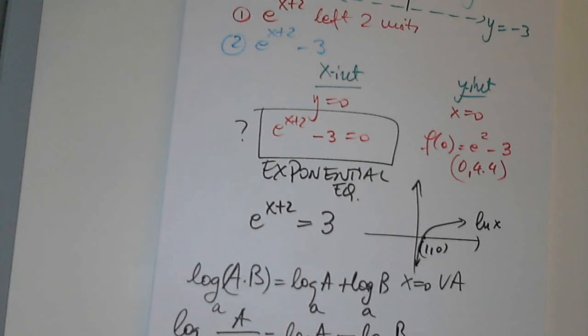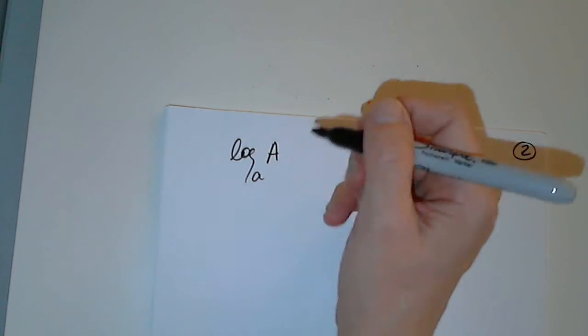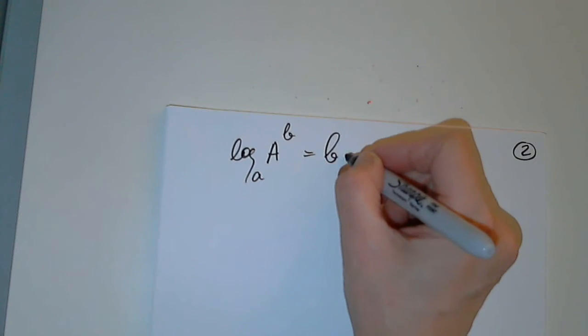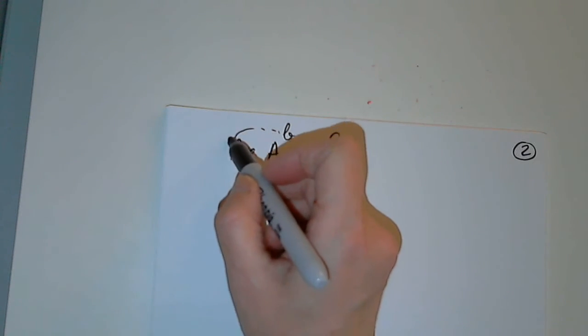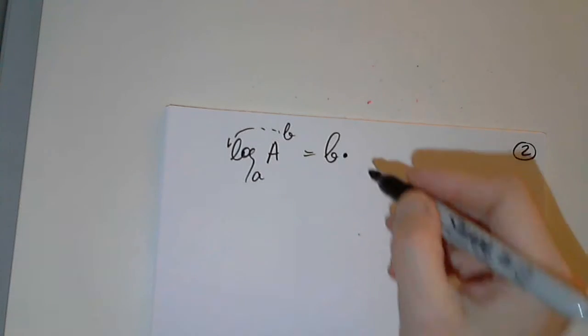If I'm given that, I can expand like this. So back and forth, they work from either direction. And the last one, and I'm also going to show you the change of base formula. The last one is log base a of a raised to a power, let's say b. B becomes a factor in front, goes in front as a factor. When I say factor, it means it multiplies log.